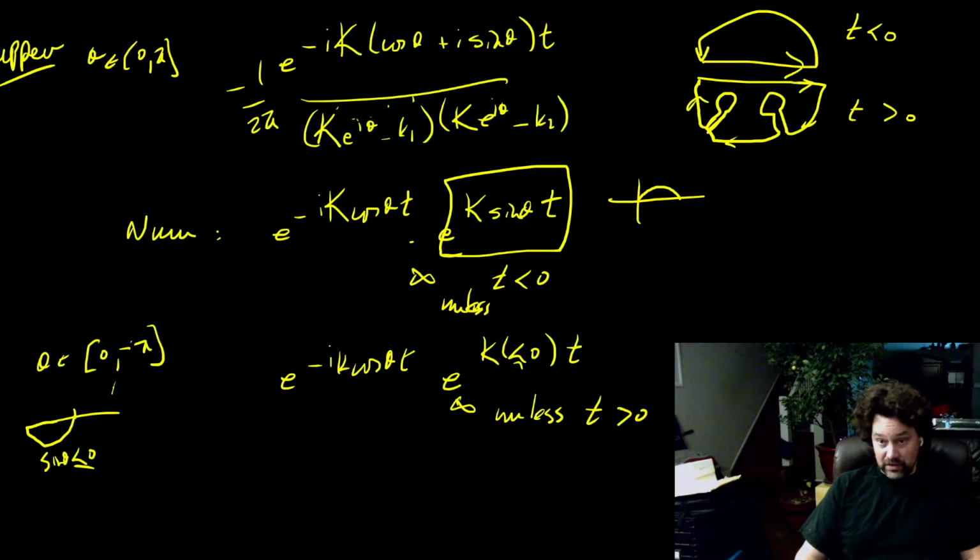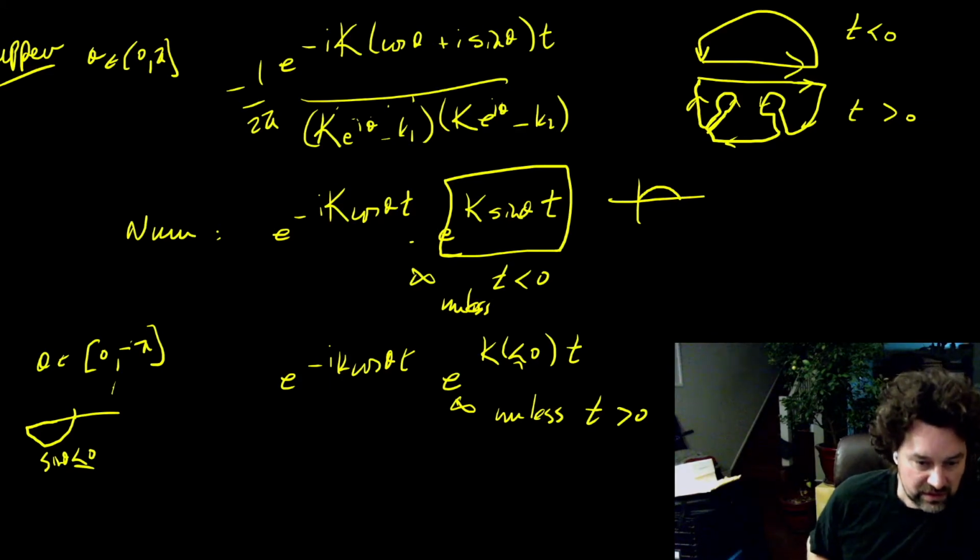Whereas our integral in the lower half plane for t greater than 0 is just going to be the contributions from our two poles. We want the contribution from our k1 pole and from our k2 pole, and the orientation of those integrals will be counterclockwise. So we're going to have a plus 2 pi i times what we call the residue for each of those two poles.